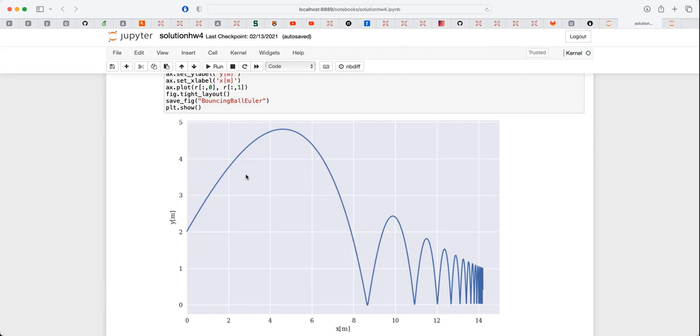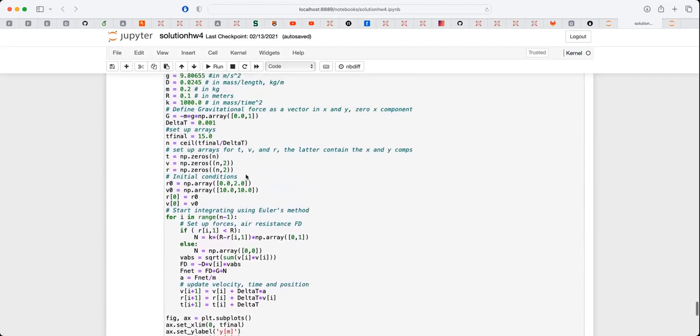So let me ask you one thing now. What happens if I put the velocity in the x direction to 0, and I take away the normal force? No, sorry, the air resistance. Before I make the calculations, I just wanted to trigger your intuition a little bit, because now you can play around.